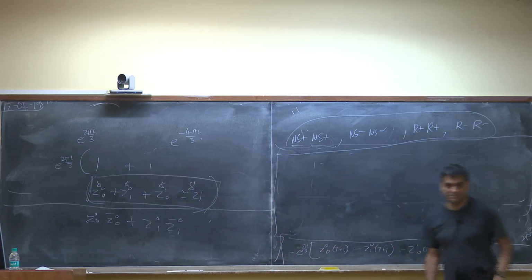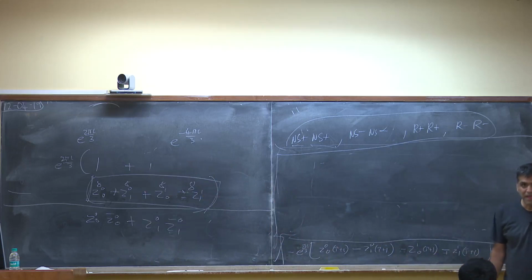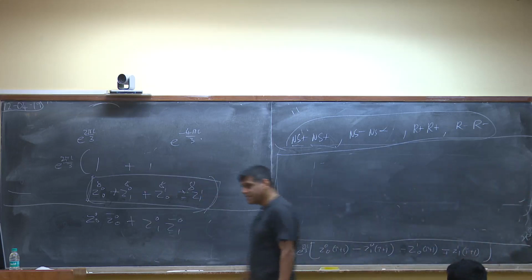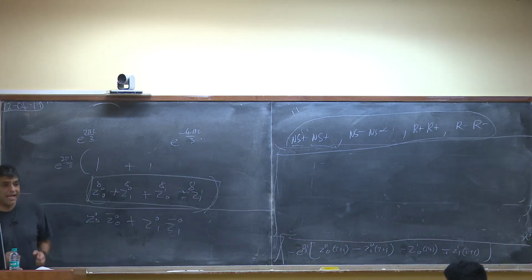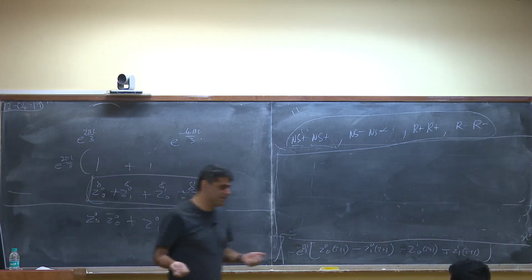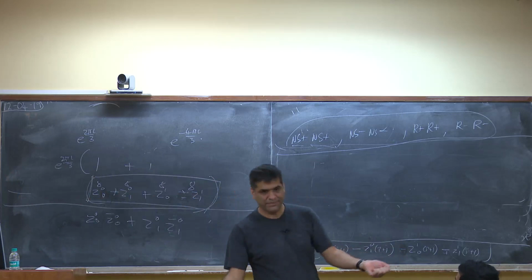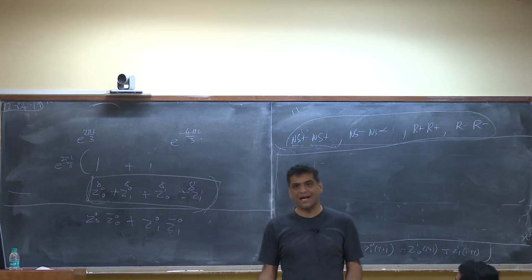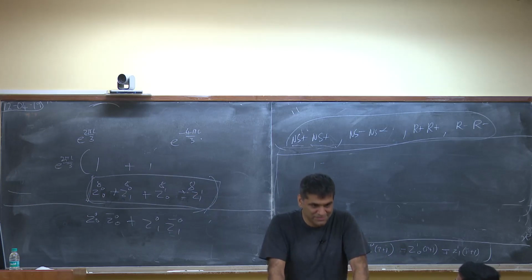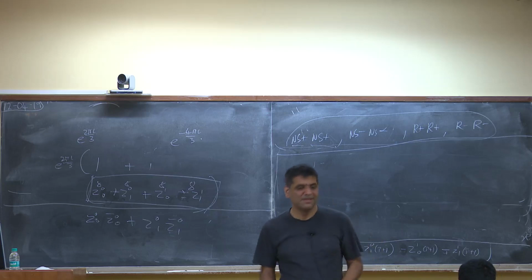There will be nothing like a level matching condition or something? No, there will be a level matching condition in the sense that, once again, your level matching condition is the statement that L0 and L0 bar are both 0. Both of them have a contribution from space-time, like p squared by 2m. So you are making them both zero.